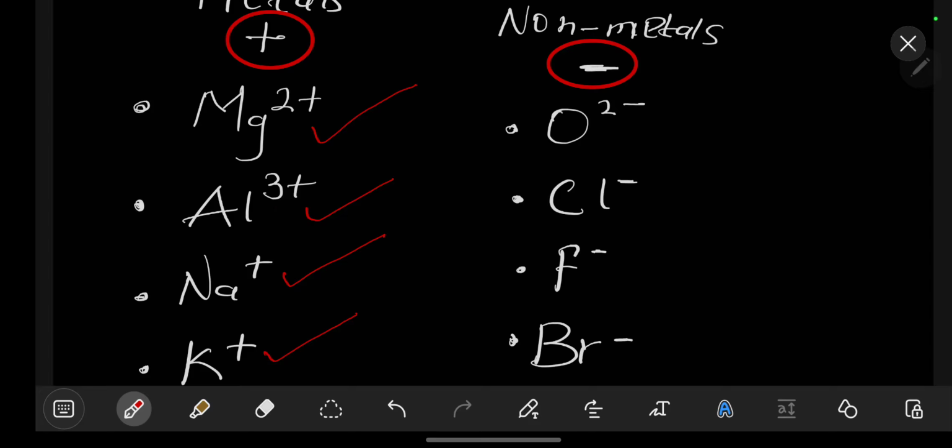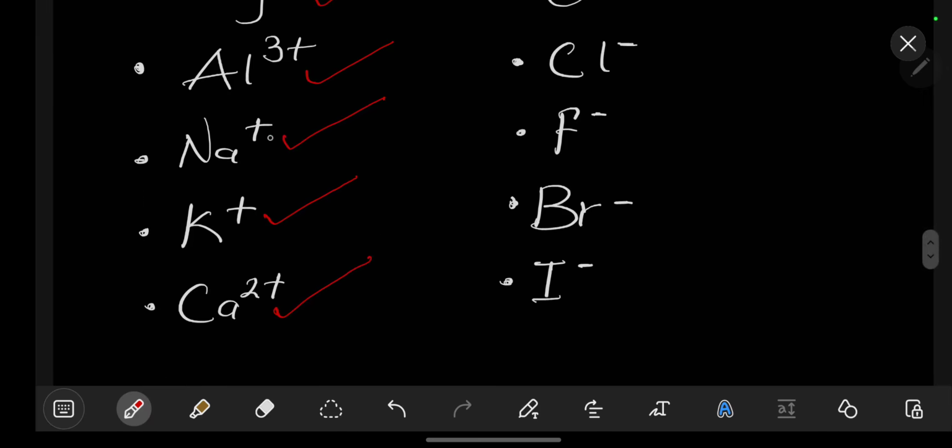It means it belongs to group 3 on the periodic table. And sodium and potassium carry +1 charges respectively. It means they belong to group 1 on the periodic table. And eventually calcium carries a +2 charge. It means it belongs to group 2 on the periodic table.